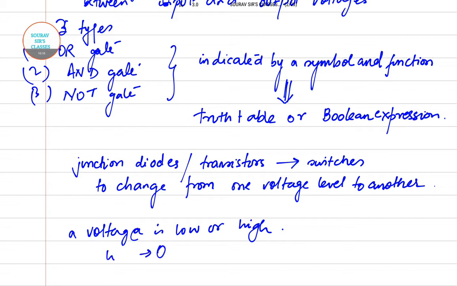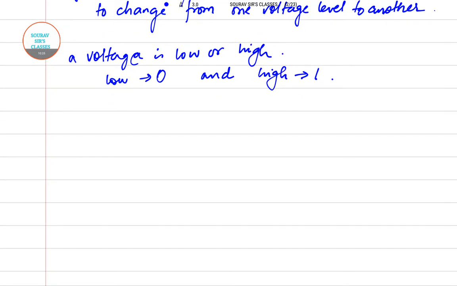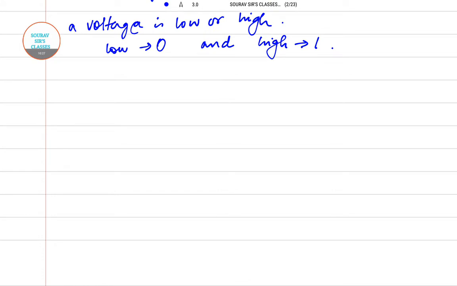So this is low. Often, not always, I am not using the term always. And high voltages are often represented as 1. Next we move on to truth table and Boolean expression.